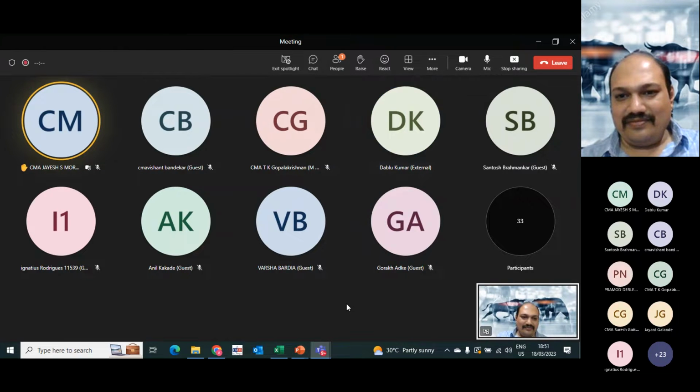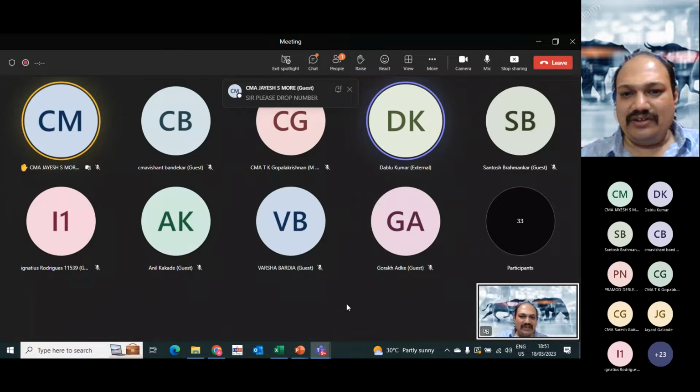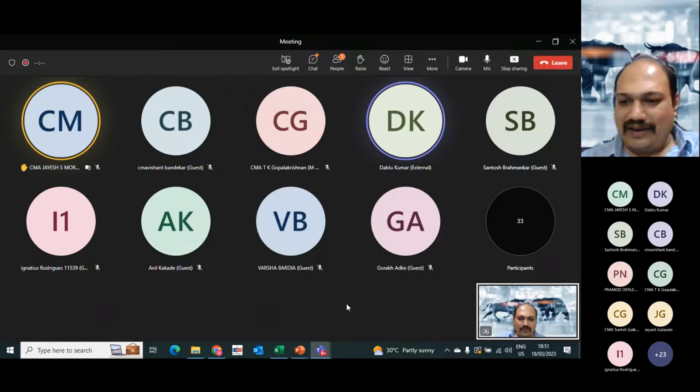It does not matter whether you are rich or poor, whether you have savings or not. You can have 1,000 rupees a month as savings. This is for sure, right? At any cost you can save rupees 1,000.